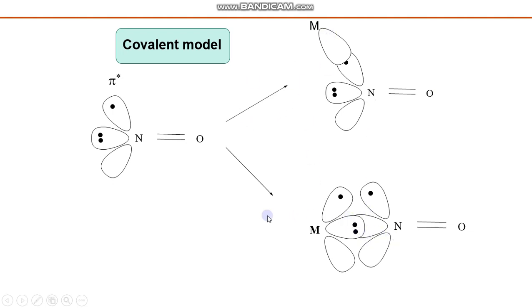Now look at hybridization. Around nitrogen, the hybridization was sp in the starting nitrosyl. In this compound, where the metal establishes a double or multiple bond with nitrosyl, let us look at the hybridization of nitrogen. Now nitrogen is attached to the metal on one side and oxygen on the other side.